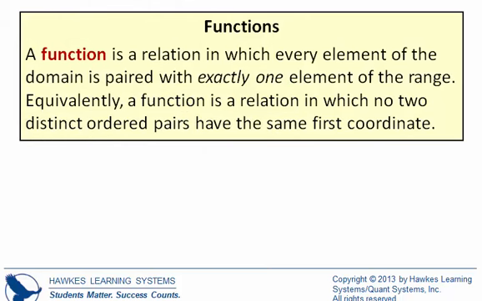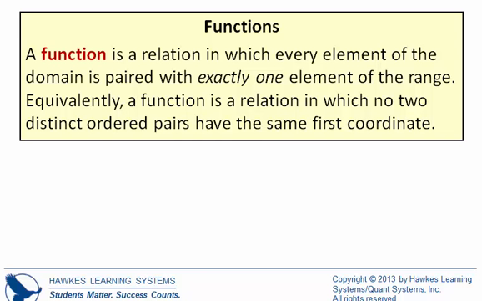A function is a relation in which every element of the domain is paired with exactly one element of the range. In other words, a function is a relationship in which no two distinct ordered pairs have the same first coordinate.